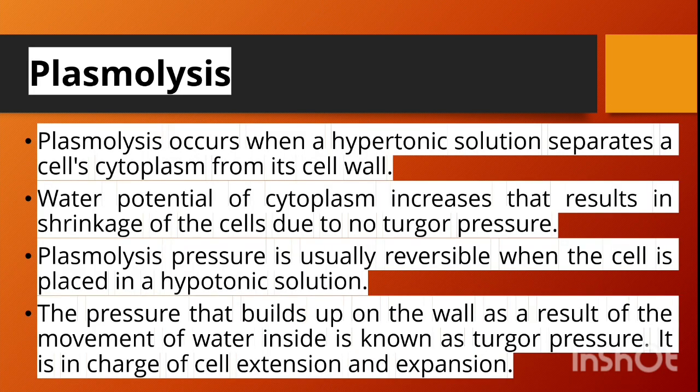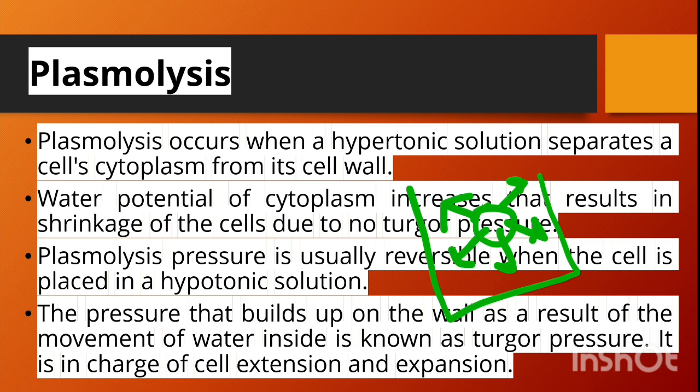Then what is plasmolysis? Plasmolysis will occur when a hypertonic solution separates the cell cytoplasm from its cell wall. When you place a cell in a hypertonic solution, the water will move out from the cell and the protoplasm finally detaches from the cell wall, and that condition is known as plasmolysis.